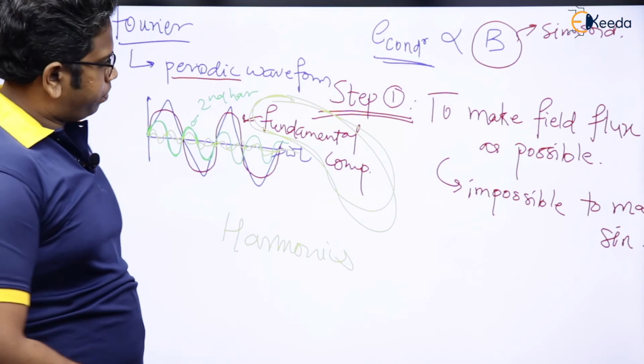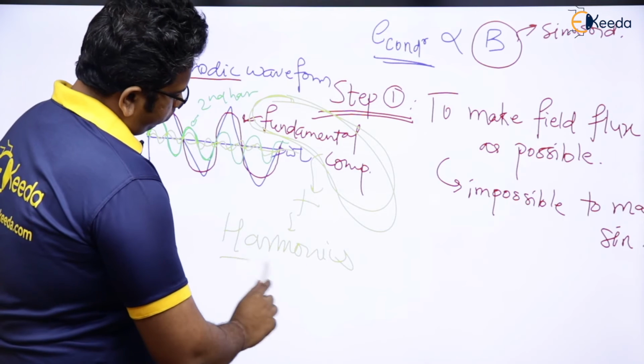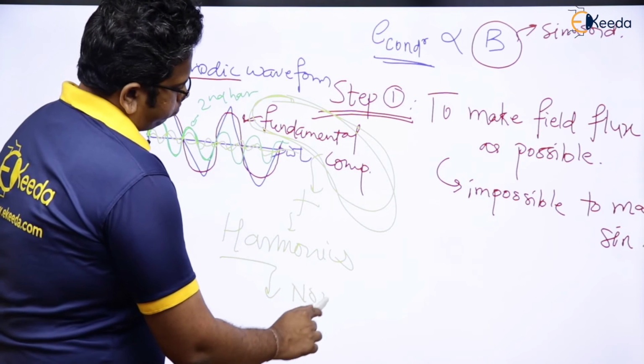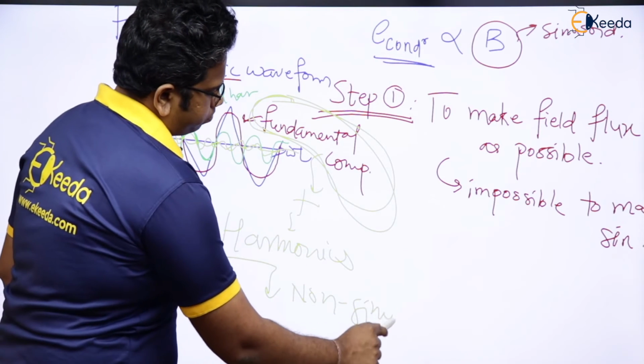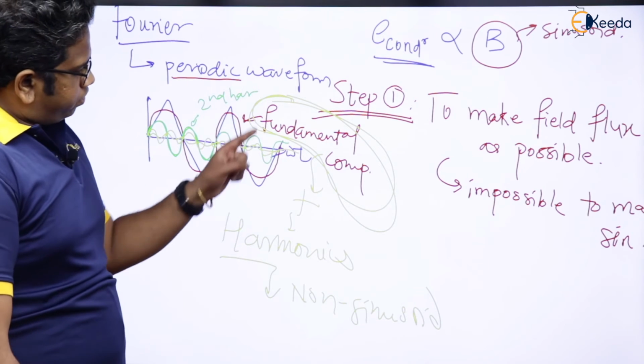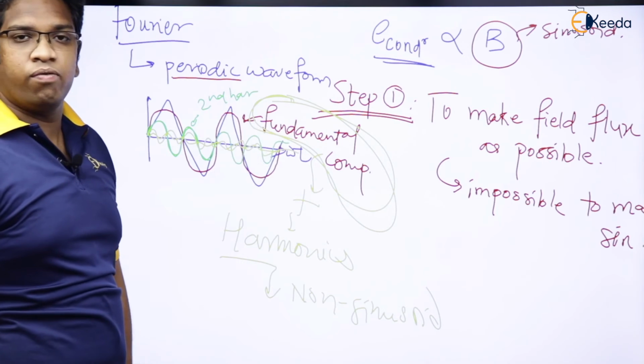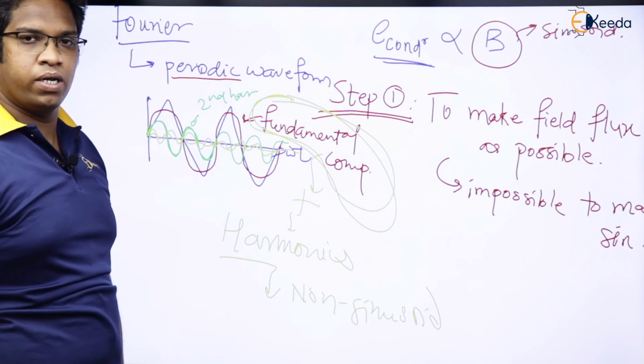So what is going to happen? This fundamental plus some harmonics will give you a non-sinusoid. Yes or no? Right. This component plus harmonics will give you non-sinusoid. We want only the fundamental component.